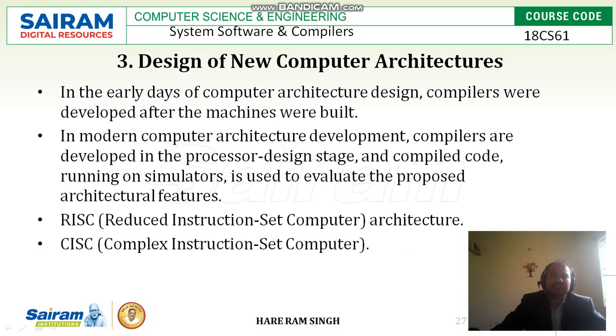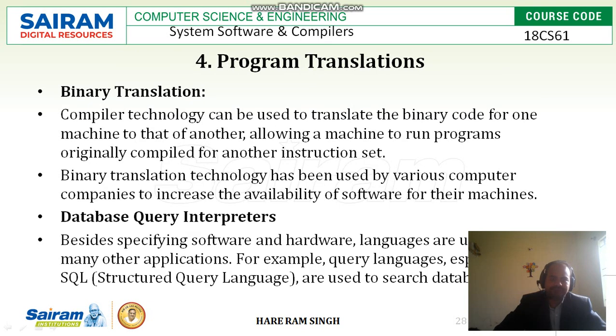Many instructions were simplified, and it was made a reduced instruction set computer architecture. During the CISC time, computers were designed first, then compilers were designed by seeing the CISC instruction set. But in the RISC architecture, the compilers were designed during the processor design stage itself.